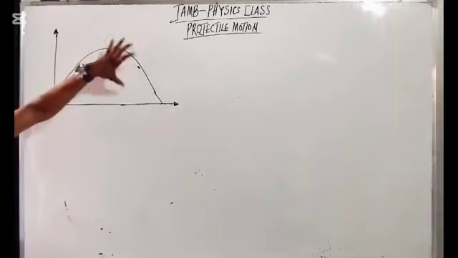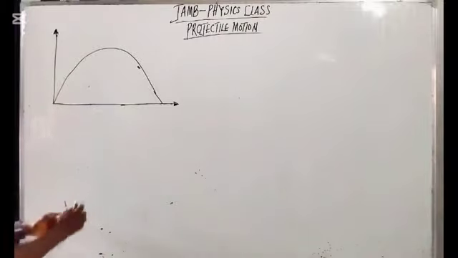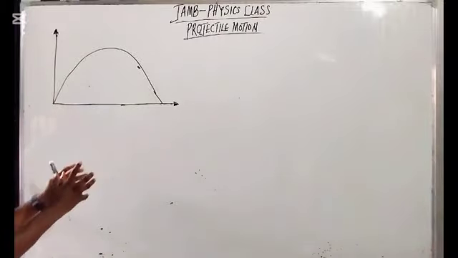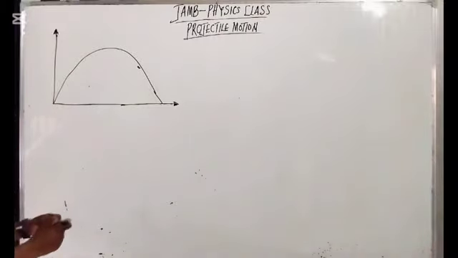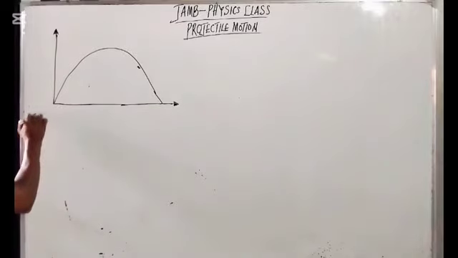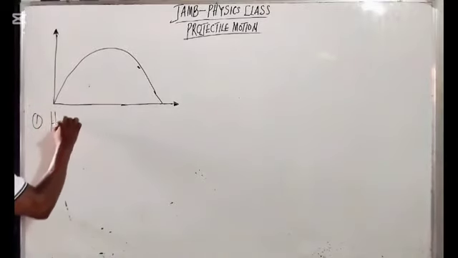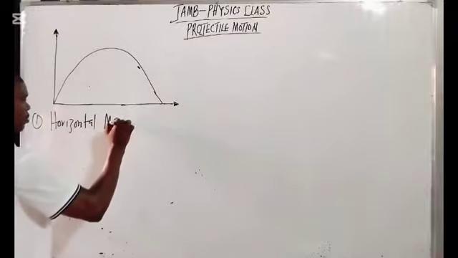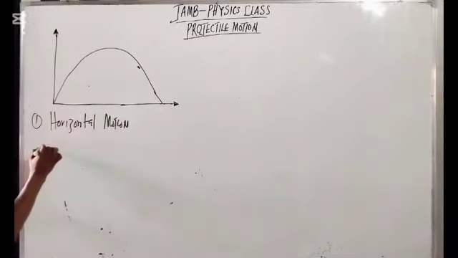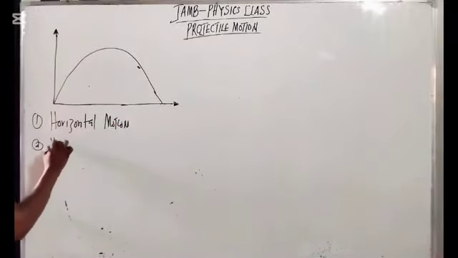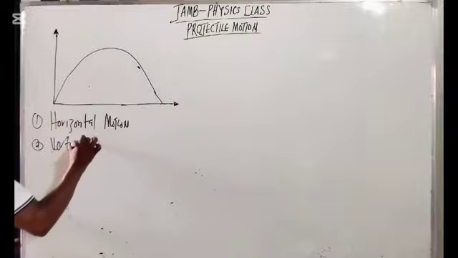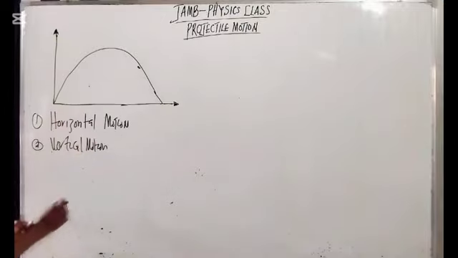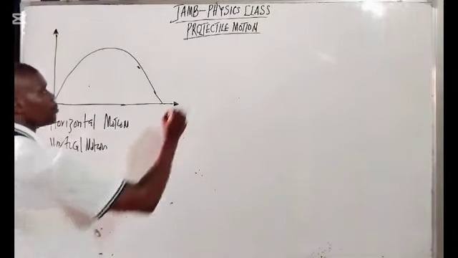So this is the movement of an object in the parabolic path. Now this projectile motion has two types of motion. The first one is called horizontal motion, and the second is vertical motion.